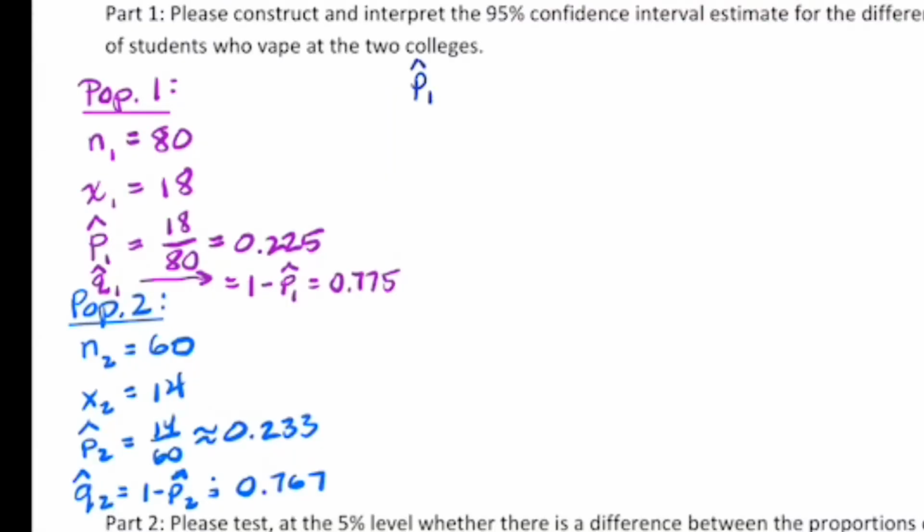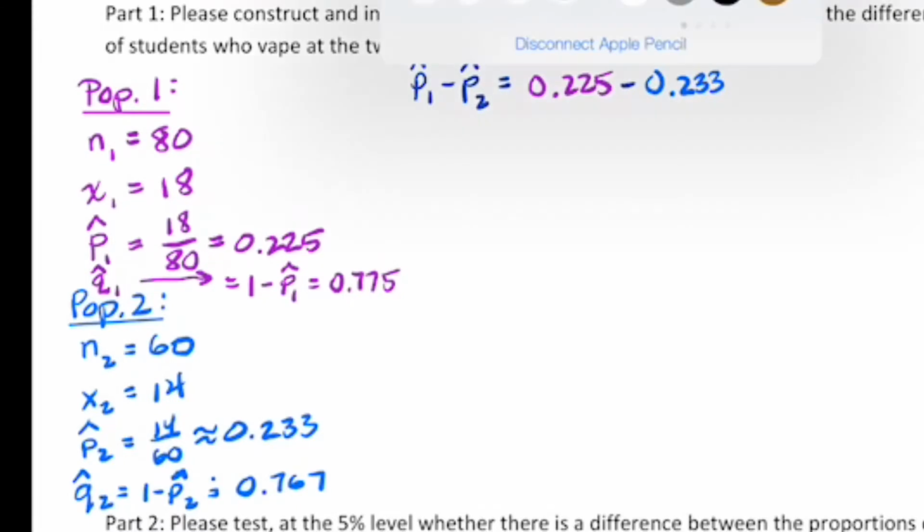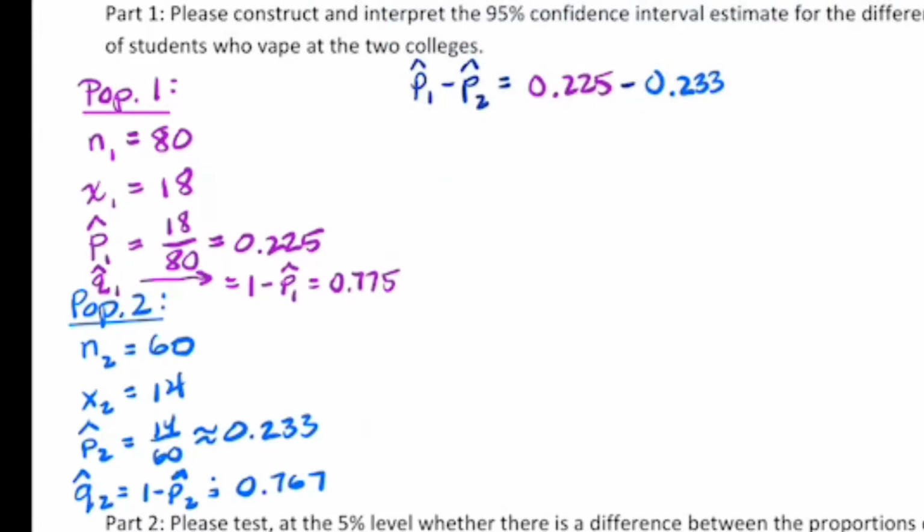P hat 1 minus P hat 2 is 0.225 minus 0.233, and again this will be approximate because 0.233 is rounded, and that ends up being about negative 0.008.